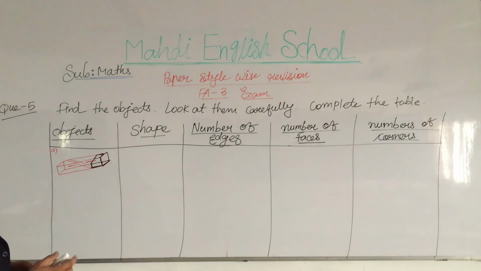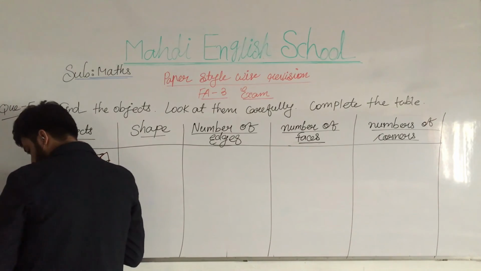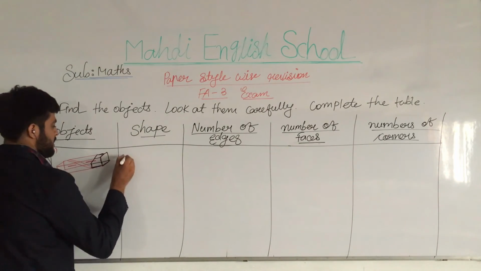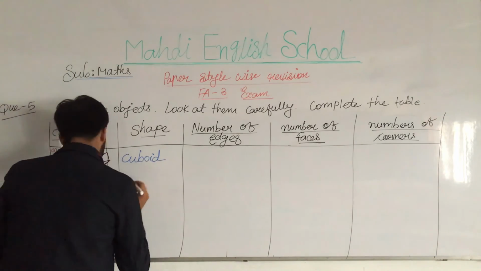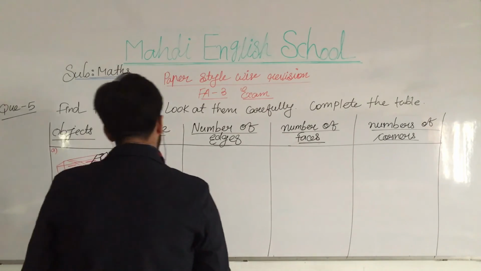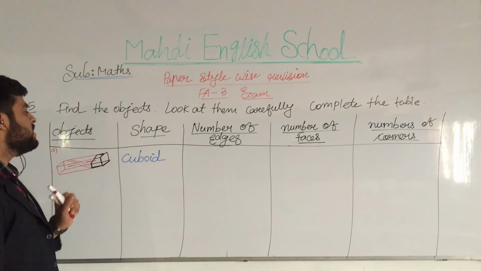Okay, this is a pencil box and its shape is which shape, my dear students? It is a rectangular shape, which means a cuboid. Cuboidal shape. It is called a cuboid.